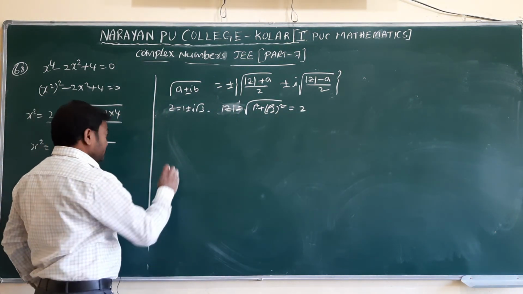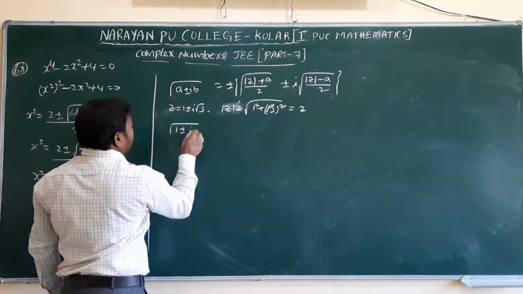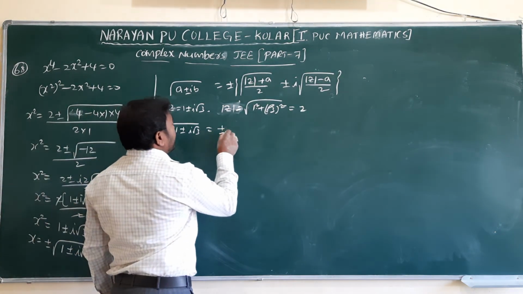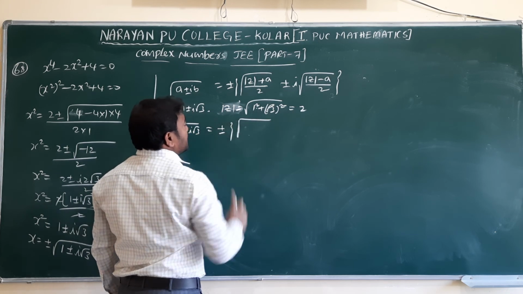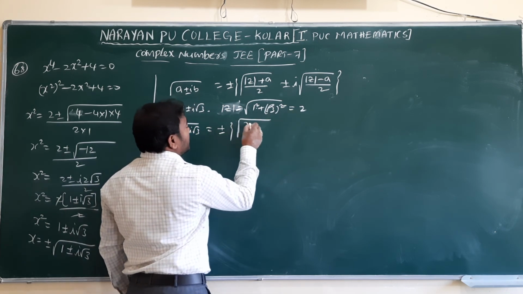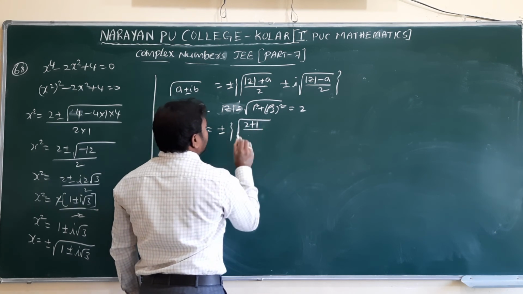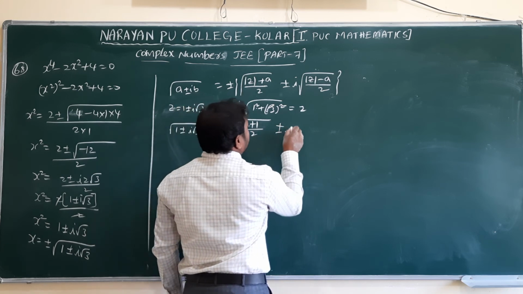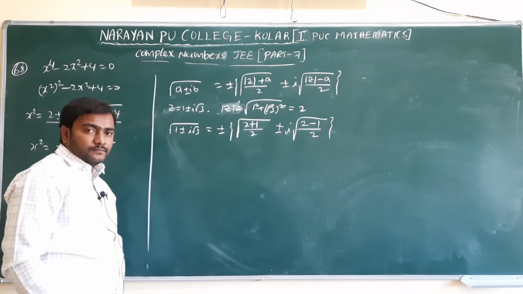Here, square root of 1 plus or minus i root 3 is equal to plus or minus square root of, mod z value 2, a value 1, so 2 plus 1 divided by 2, plus or minus i into square root of 2 minus 1 divided by 2.